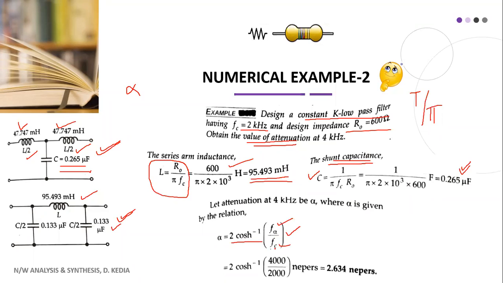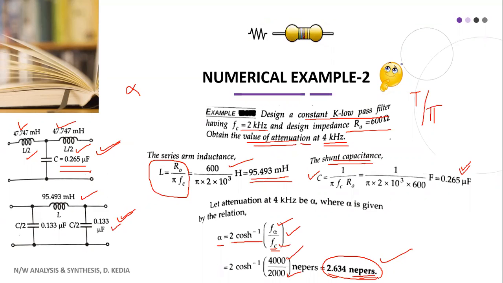Fc is your cutoff frequency, and we need to find out the value of attenuation at 4 kilohertz. We know attenuation will change with the change in frequency. So this value of f is 4 kilohertz, fc is 2 kilohertz, and you substitute the values, and alpha, that is the attenuation constant, comes out to be 2.634 nepers. This you remember, the attenuation constant will have unit as nepers.